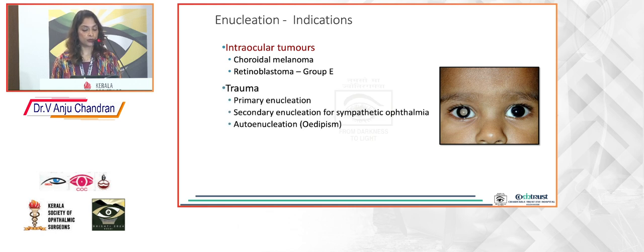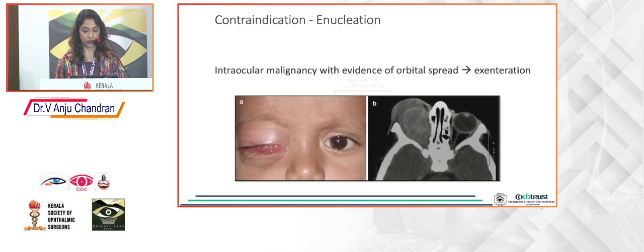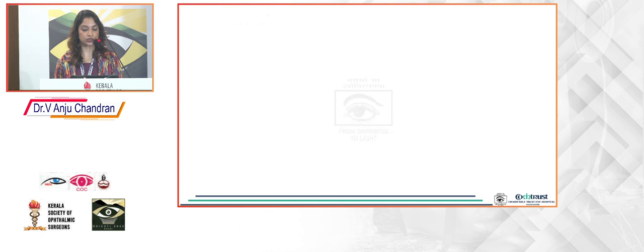In trauma, we generally do not do an enucleation unless the globe cannot be salvaged. Painful blind eye is now a relative indication. Of course, as part of an eye donation, we remove the entire globe. It is contraindicated when you have an intraocular malignancy with evidence of orbital spread. In that case, you should consider an exenteration.